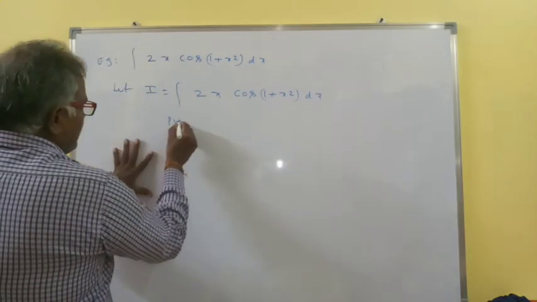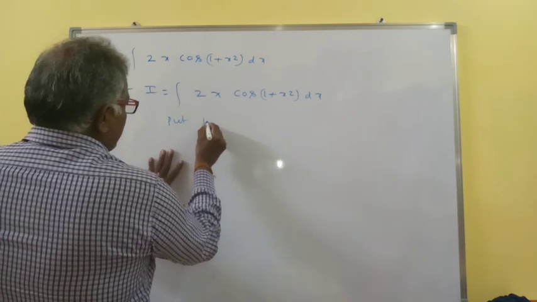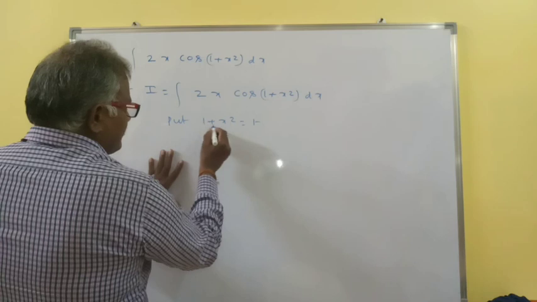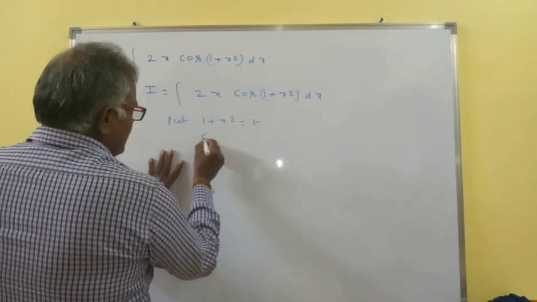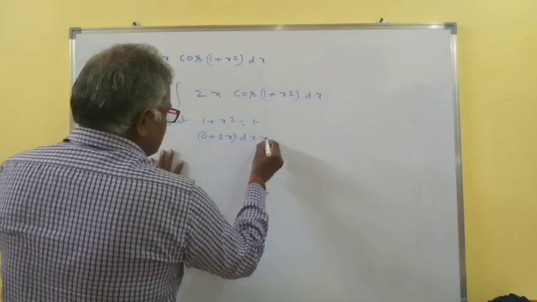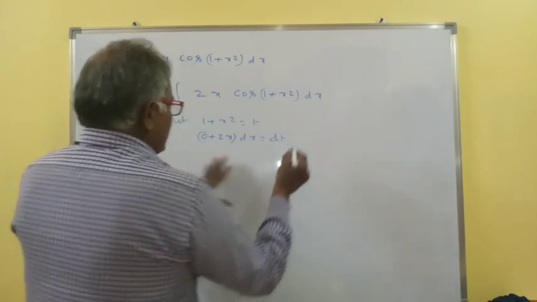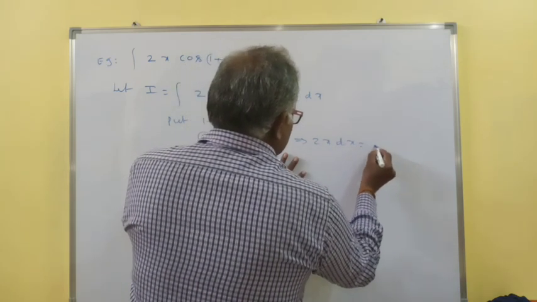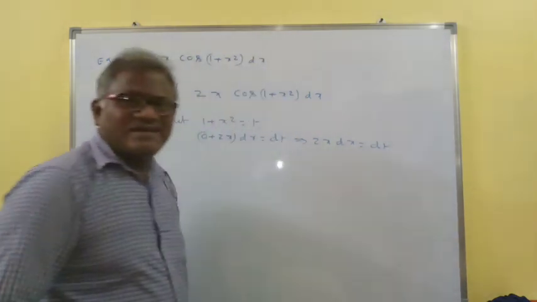Just put 1 plus x square is equal to t. The derivative of 1 is 0, and for x square the derivative is 2x. So 2x dx is equal to dt.